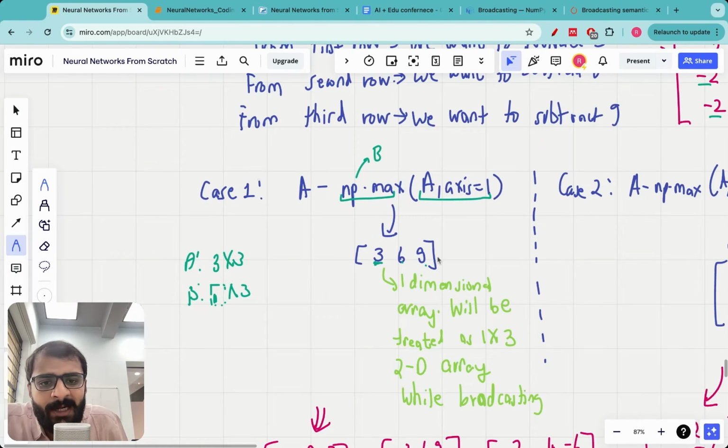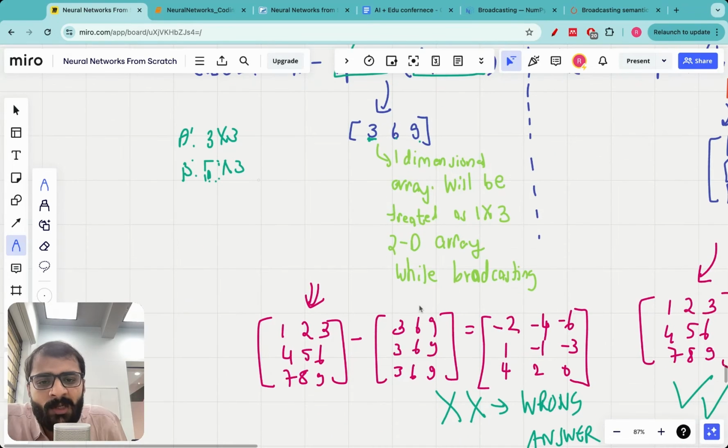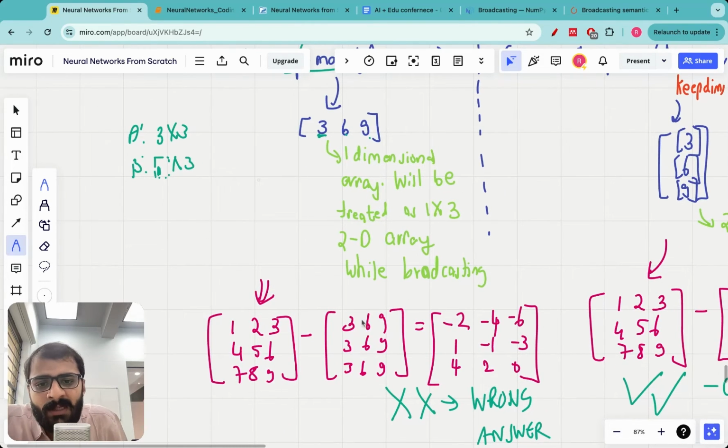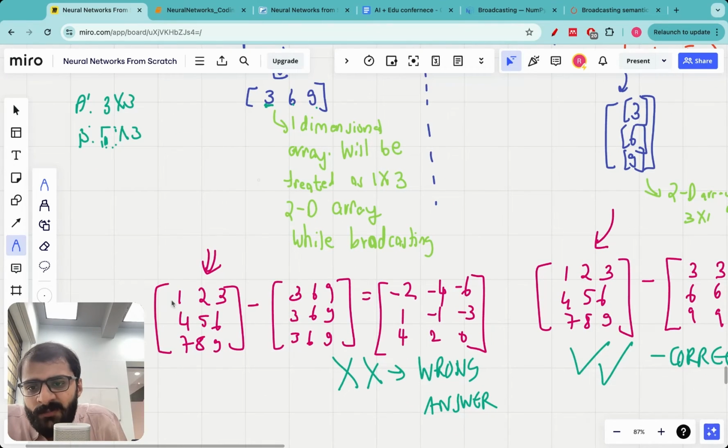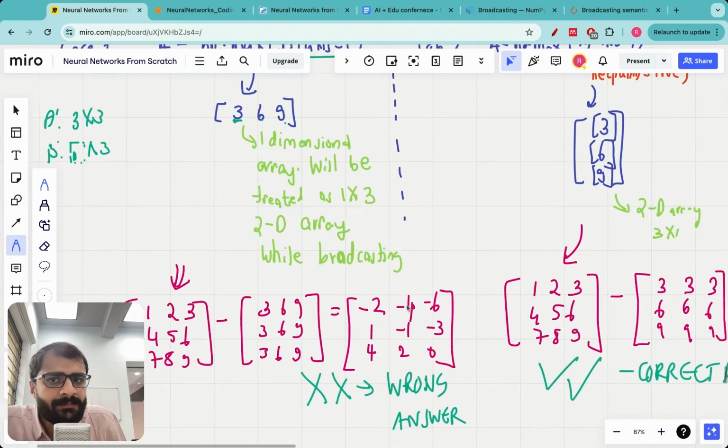So then this will be treated like a 1 by 3. So then what we will do here is that this will be replicated 3 times, 3 6 9, 3 6 9, 3 6 9. So the resultant would be that from the first row, different values are subtracted. We need 3, 3, 3 to be subtracted from the first row. So we will get a wrong answer here.